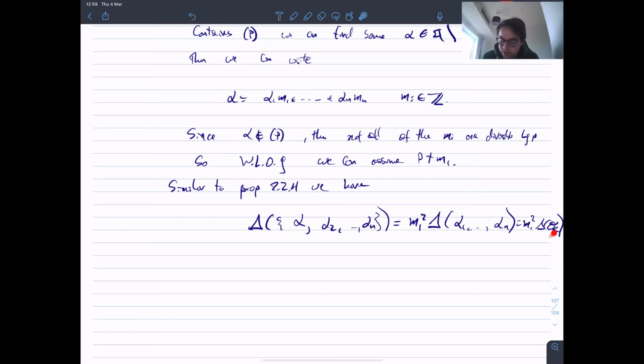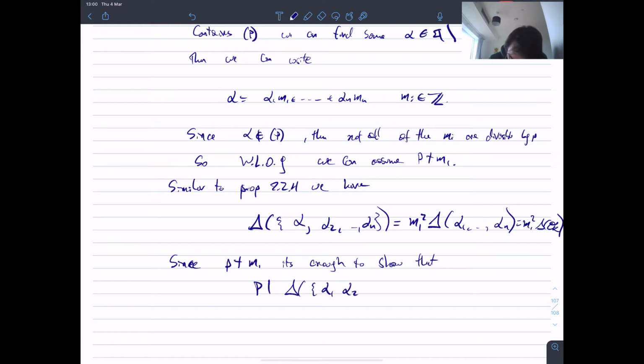I define delta of OK to be the discriminant of an integral basis, and I proved to you that the discriminant of an integral basis didn't matter which integral basis I had. And I don't know that this is an integral basis, so this is m1 squared, and I guess this isn't an integral basis if m1 is going to be non-trivial. So since I'm assuming that p doesn't divide m1, it's enough to show that p divides the discriminant of alpha, alpha 2, and so on, because I have this equality.